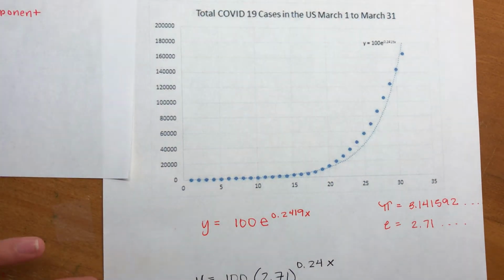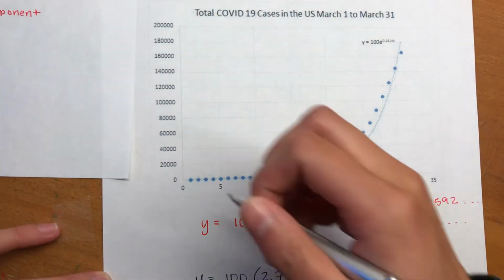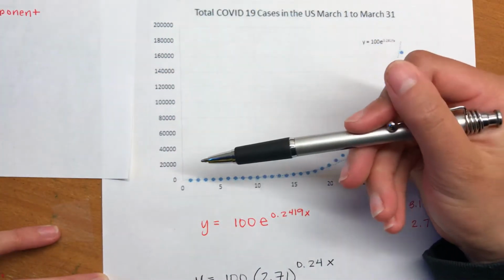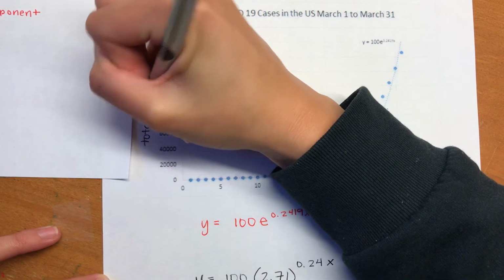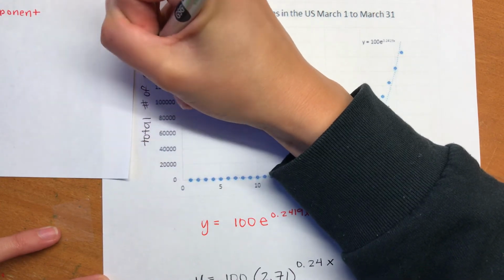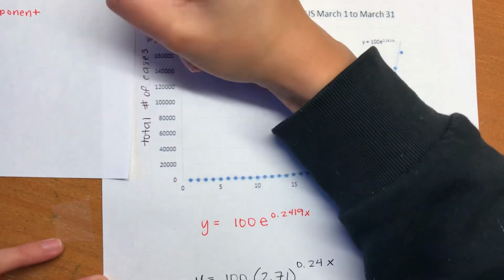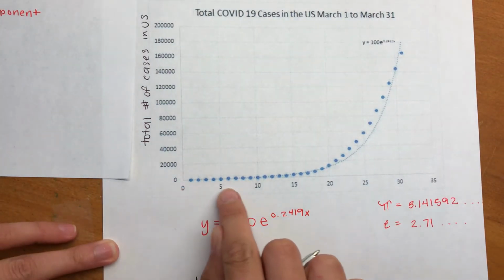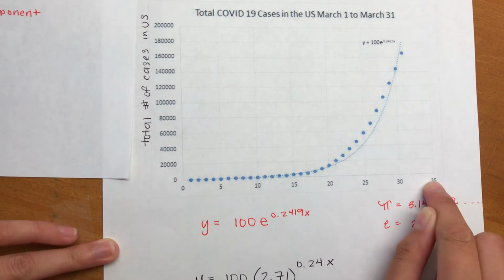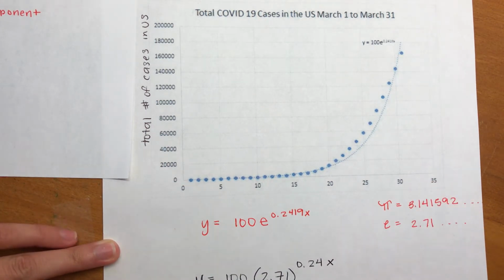So really, this graph needs some labels. So I'm going to label my vertical axis. This is total number of cases, and it's only in the US. Okay, and then my x-axis, or my horizontal axis, is the day.